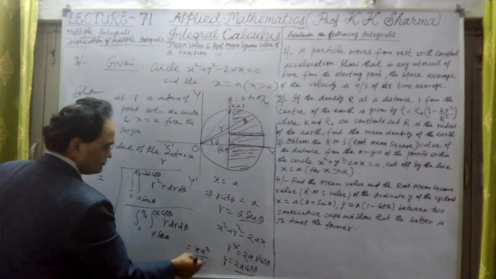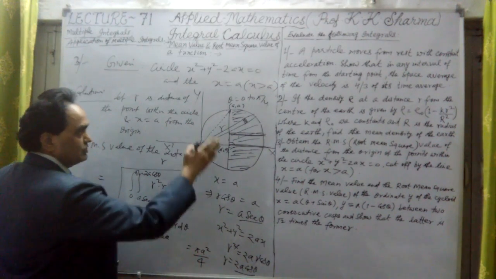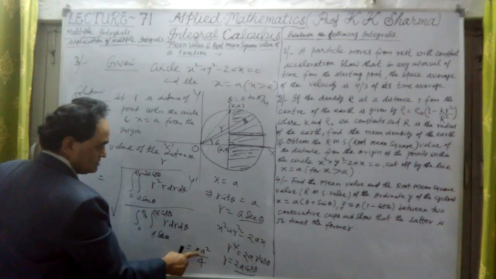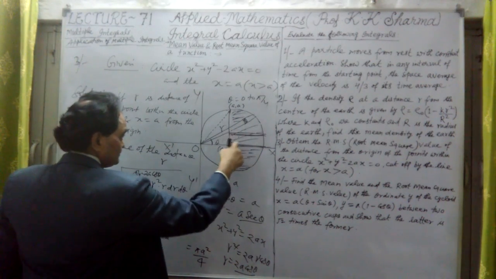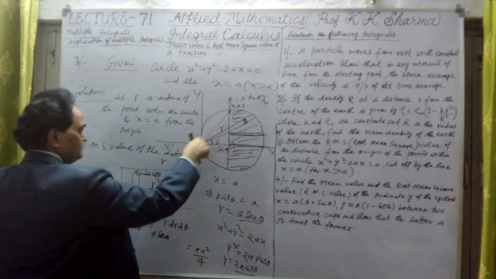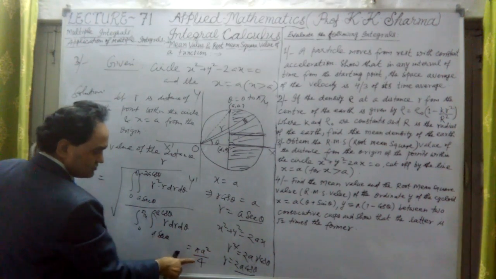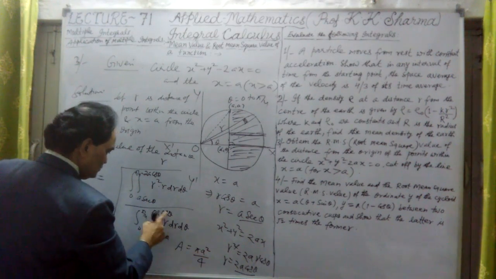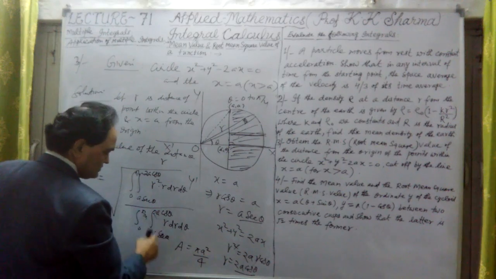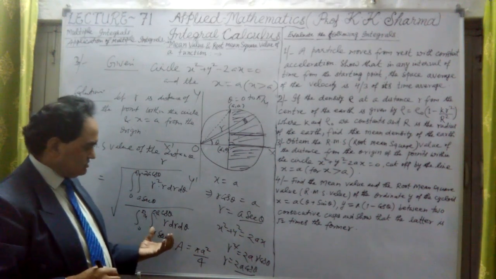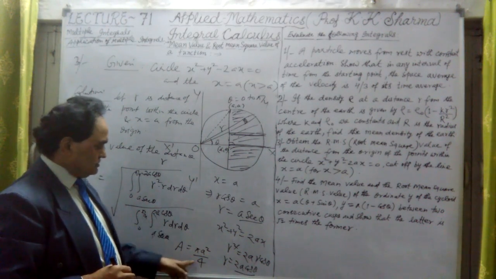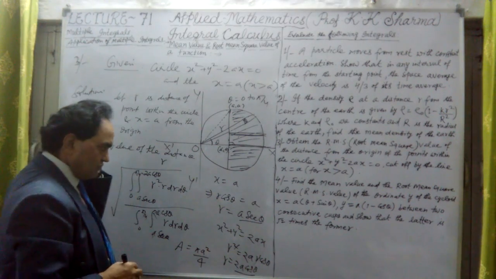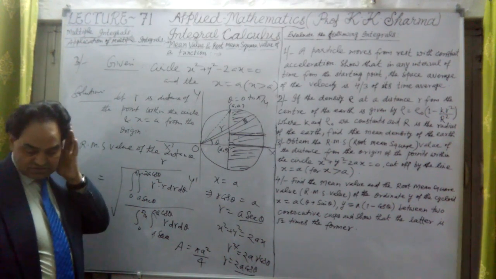Pi a square is the area of the whole circle, but this is the area of the quadrant, the first quadrant here. But in the first quadrant, we are finding out this distance. So this is the area A. In the denominator, we will substitute this. This is the whole area we have to calculate. After solution of this, we will get pi a square upon 4. The area of the quadrant that we will take.